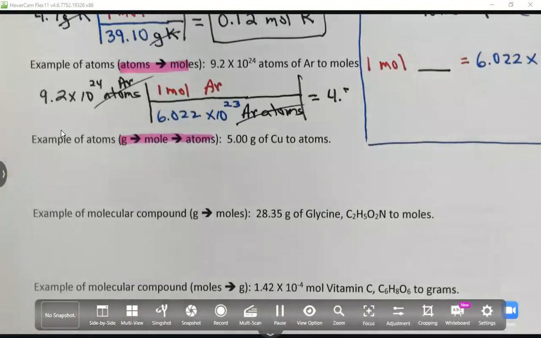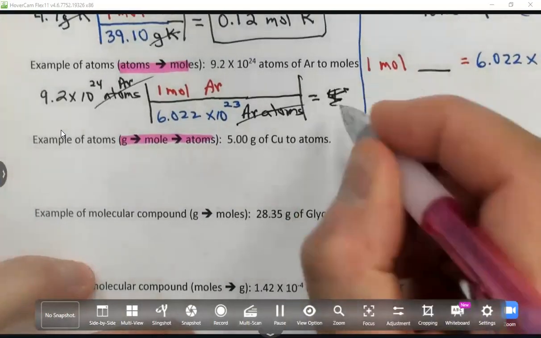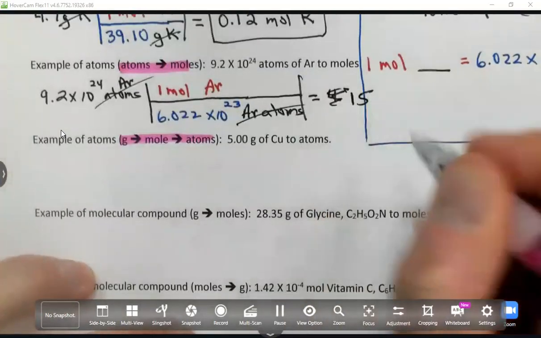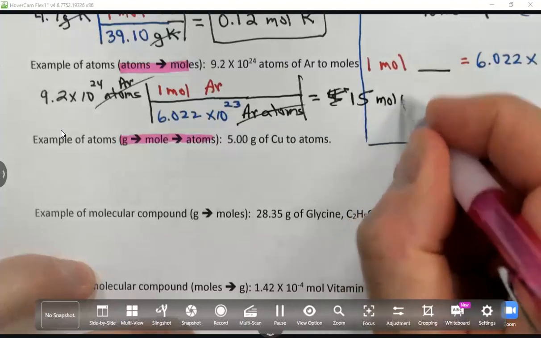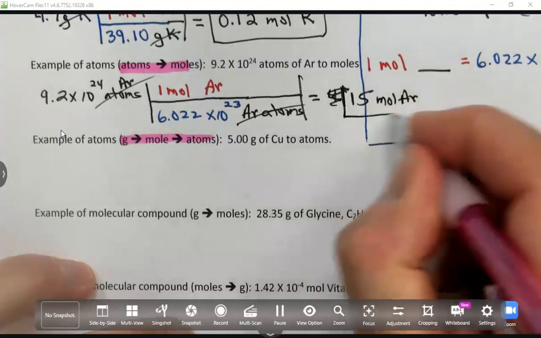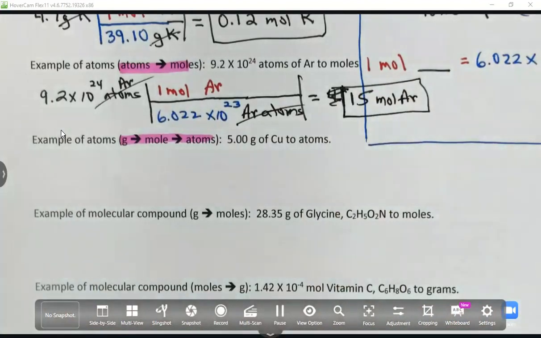I got 15. Yes, 15 if we round this up. 15 moles? Yes? All right.